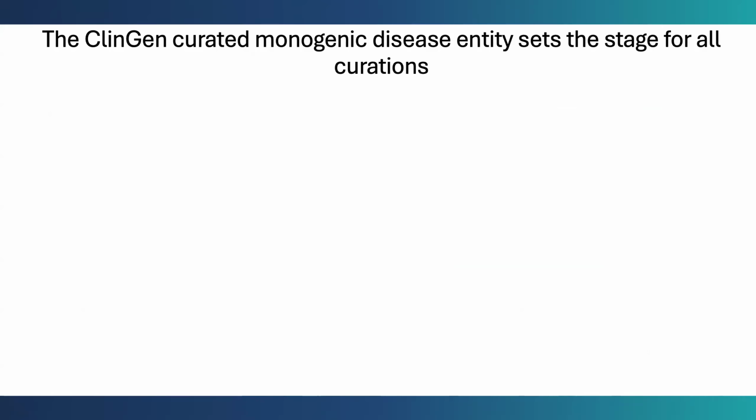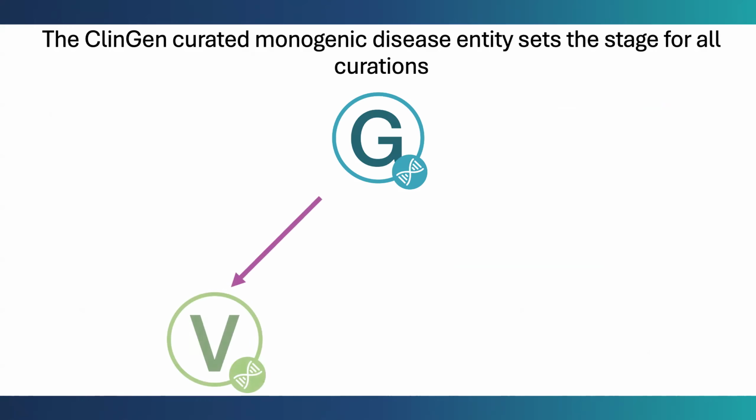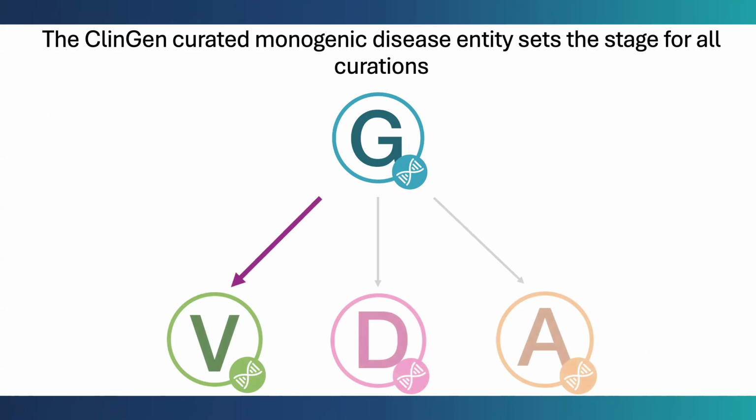So one thing I want to say is, again, hopefully you understand why we're capturing this, but ultimately, one of the things we know is that the ClinGen curated monogenic disease entity sets the stage for all other curations going out from it. So gene curation is really setting the stage when we think about variant curation and those variant dosage and actionability where appropriate, right?